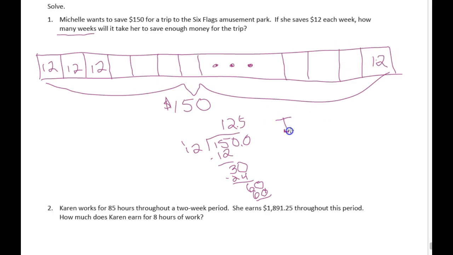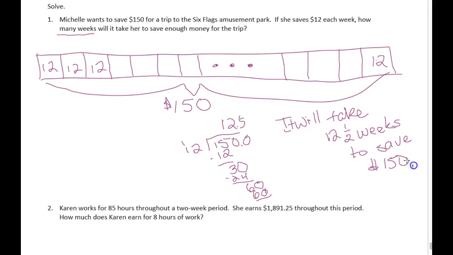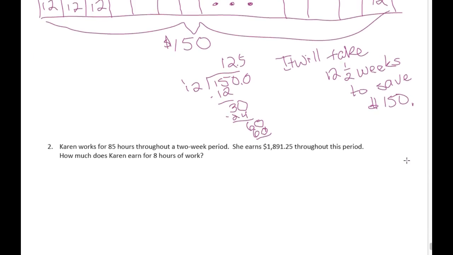So oops, I forgot my T. It will take, here's a little cursive for you, 12 and 1/2 weeks to save, and how much? $150. So that's our answer, our word problem, and now we've got words in our answer.